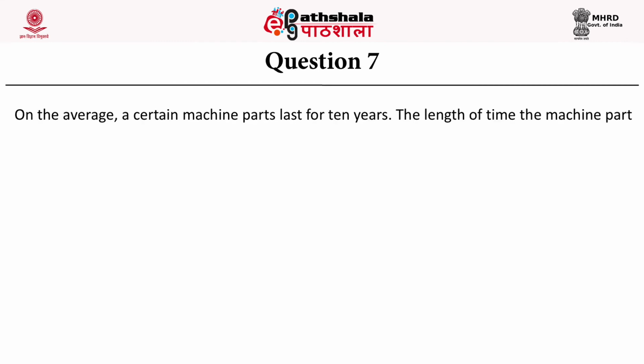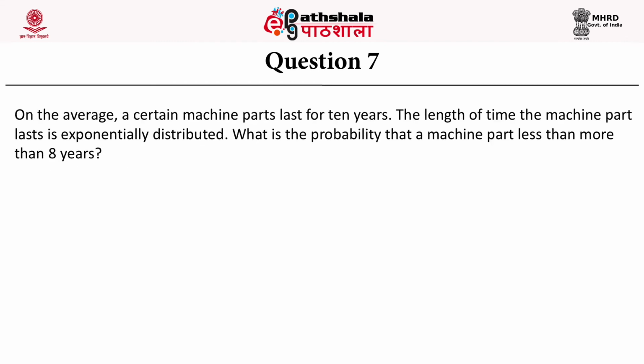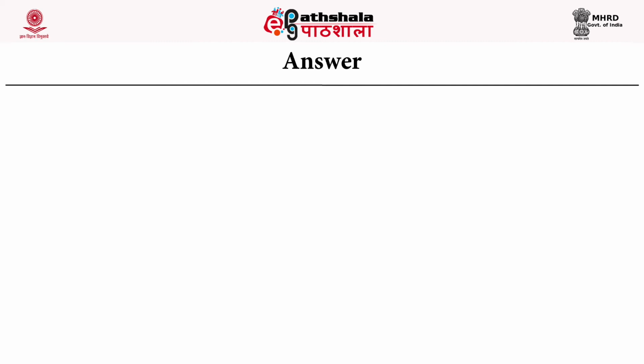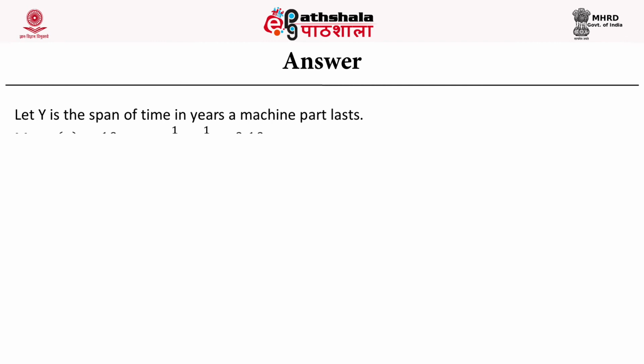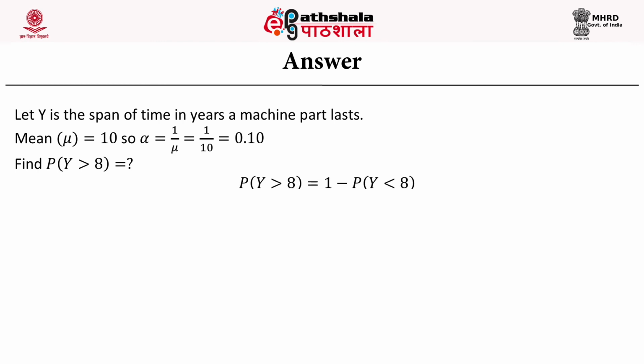So we have an example here. On average, a certain machine part lasts for 10 years. The length of time the machine part lasts is exponentially distributed. What is the probability that the machine part lasts more than 8 years? Let y be the span of time in years a machine part lasts. So the mean is 10, and alpha is equal to 1 upon mu, which is equal to 0.10.